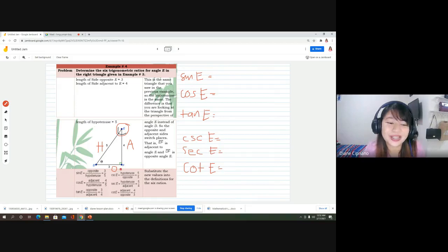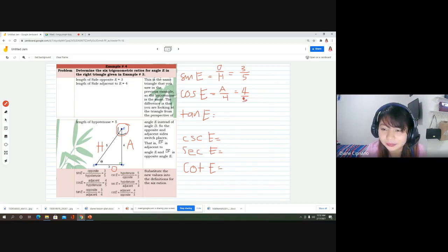So for the sine, it is opposite over hypotenuse. What is your opposite here? Your opposite here is 3 and your hypotenuse is 5. For your cosine, it is adjacent over hypotenuse, and your adjacent is equal to 4 and your hypotenuse is equal to 5.